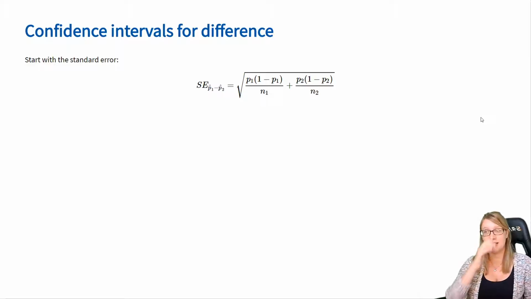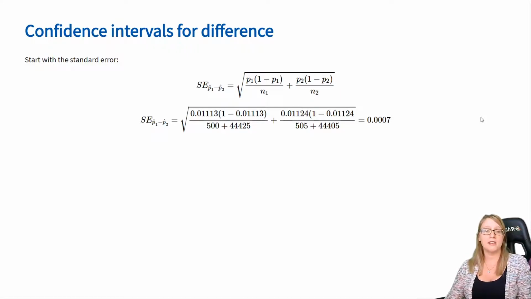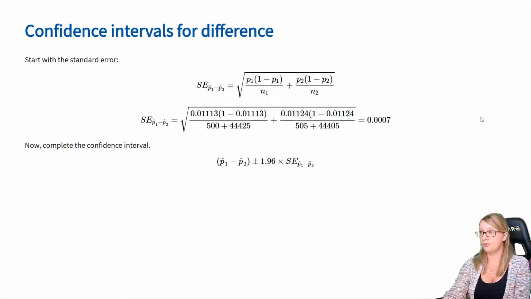So finding the standard error first, plugging in our sample proportions and the sample sizes, we get a standard error of 0.0007. This seems like a very small standard error. However, the proportions are small and the sample size is large. So this is a reasonable magnitude for the standard error.